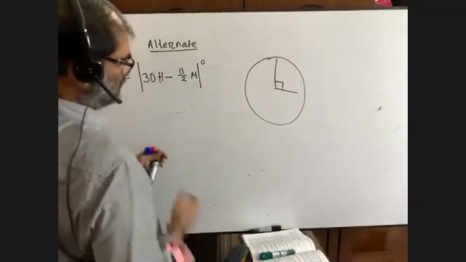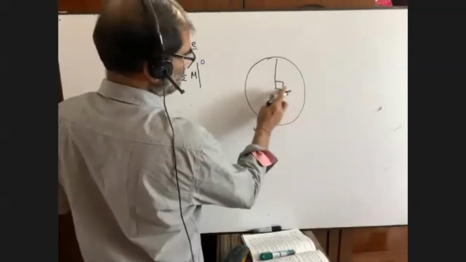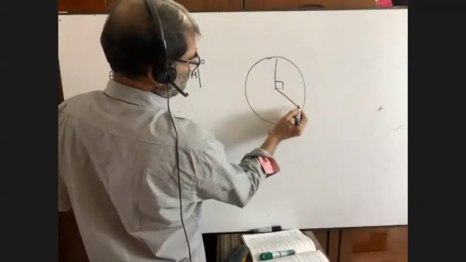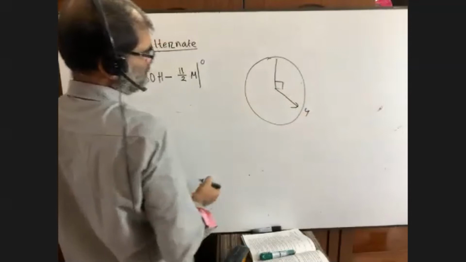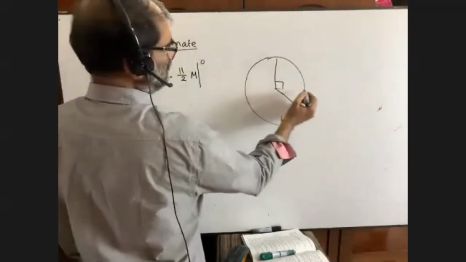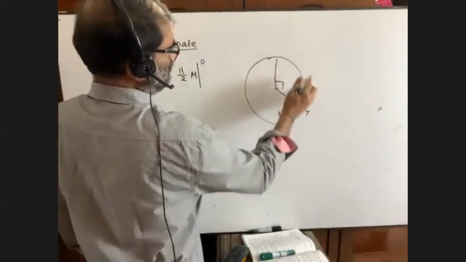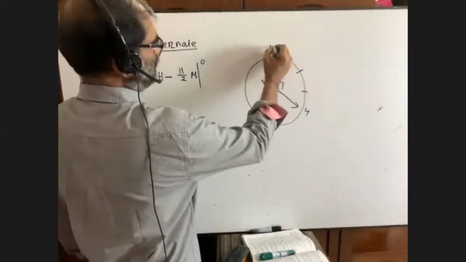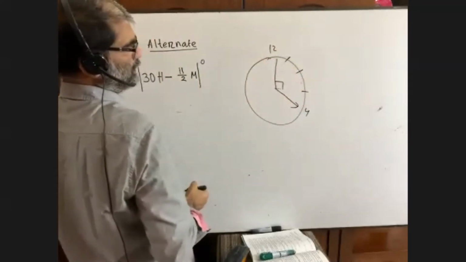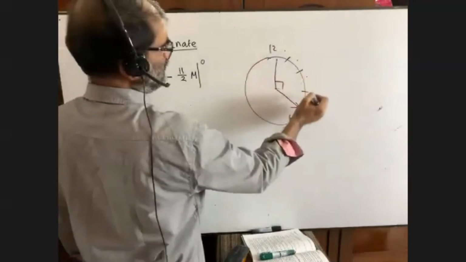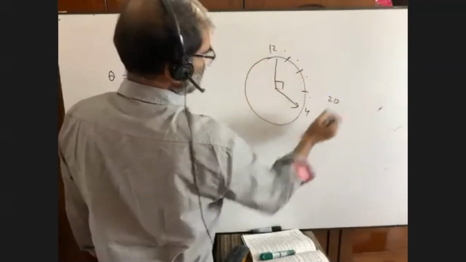As we told you, if it is 4 p.m., then there are 12 divisions. So we are getting 5, 5, 5, 5. That is 20 divisions.